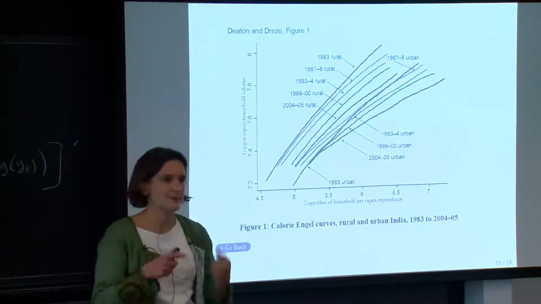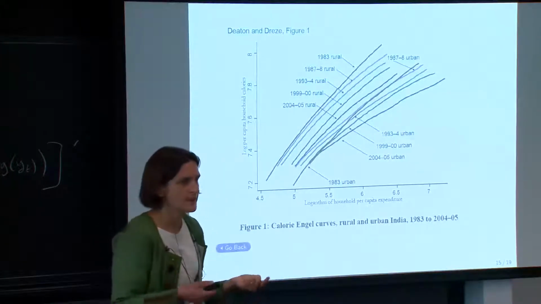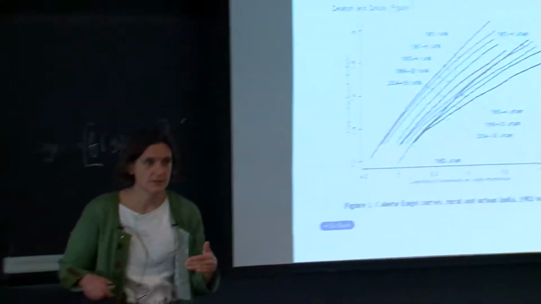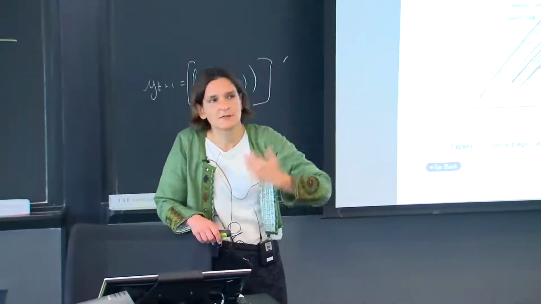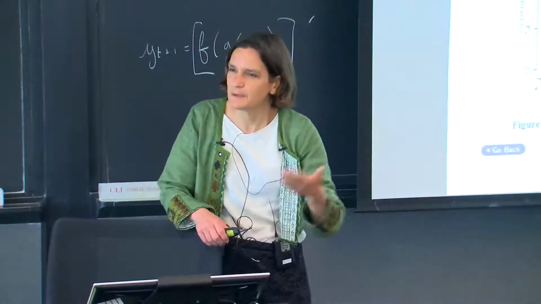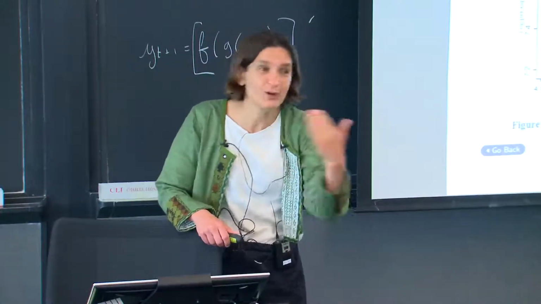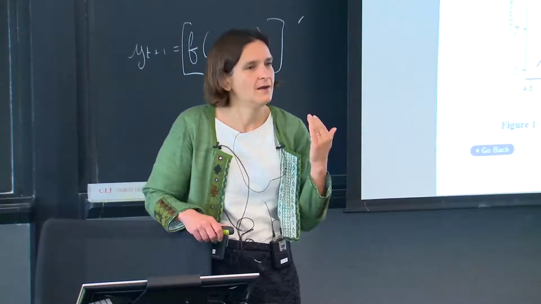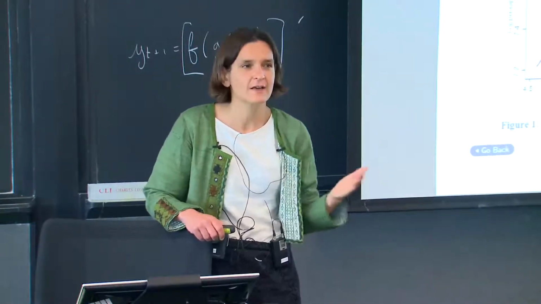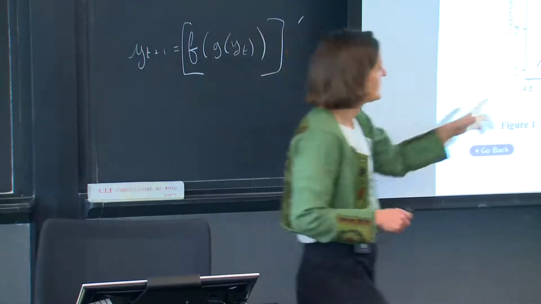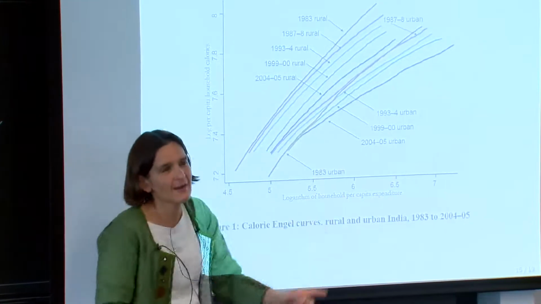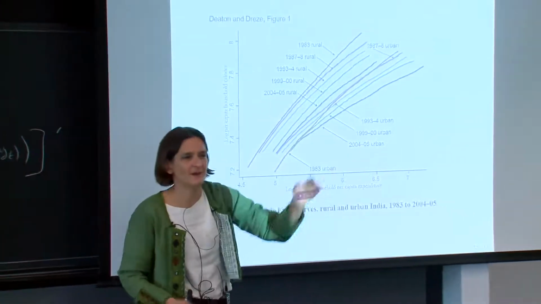And over time, it goes down and down and down, which has the consequence that people are basically swimming upstream in terms of how many calories they eat. So even though in India many people are still undernourished, as the country becomes richer, there are fewer and fewer extremely poor people, but calorie consumption has not really gone up. And why? It's because people move to the right along an Engel curve, and at the same time that curve shifts down.